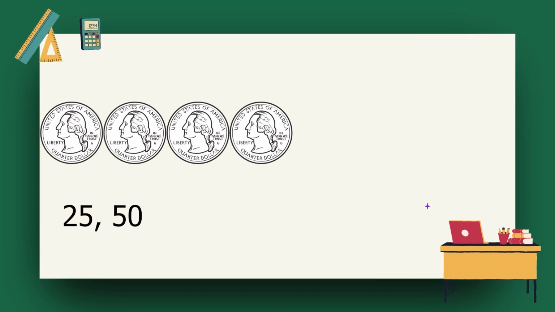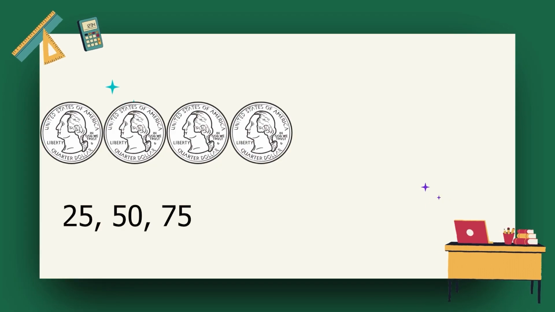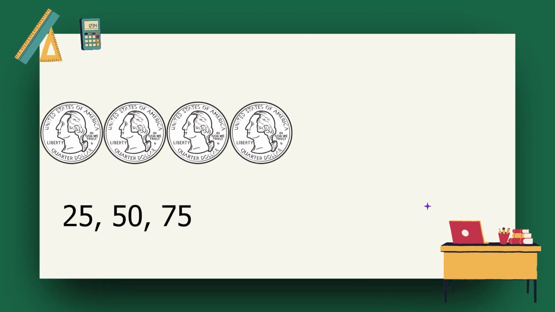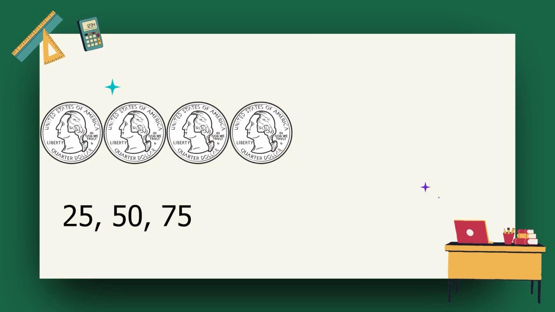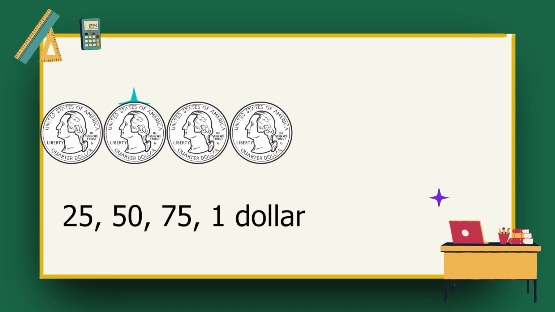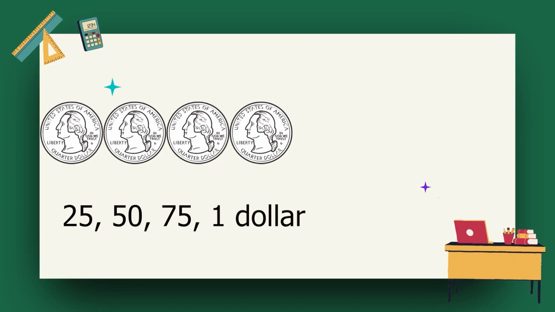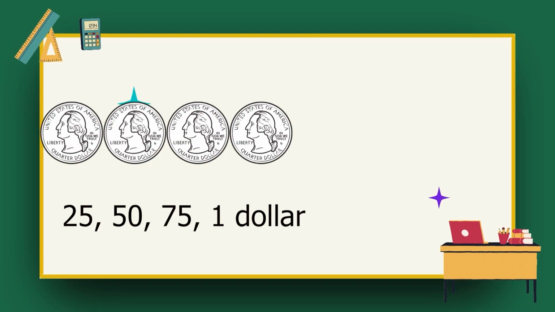So 25, 50. 3 quarters is 75 cents. So 25, 50, 75. And then 4 quarters is $1. So let's try counting it again. 25, 50, 75, $1. Great job.